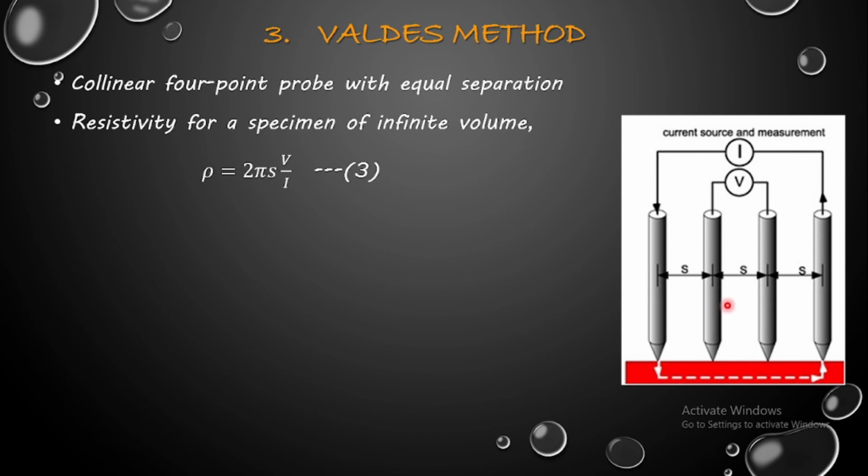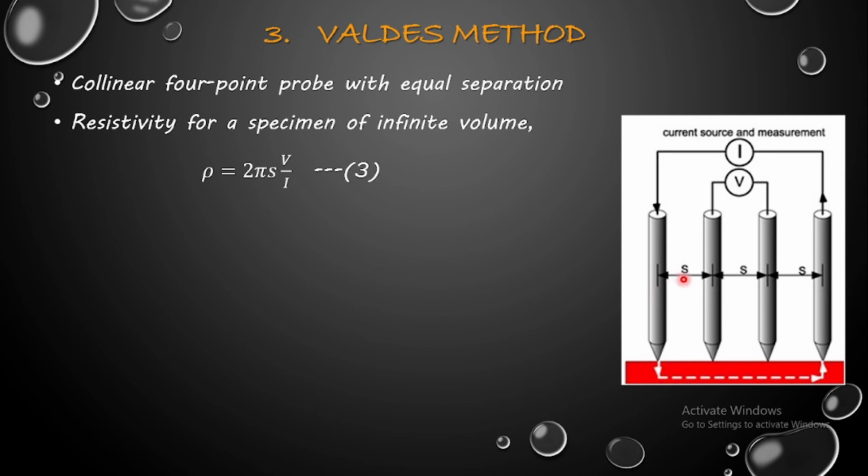Here the 2 probes at the center measure the voltage across the film, whereas the other 2 probes or contacts at the periphery are the current probes.